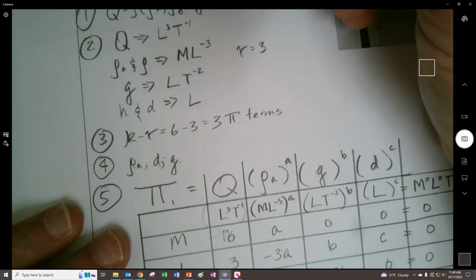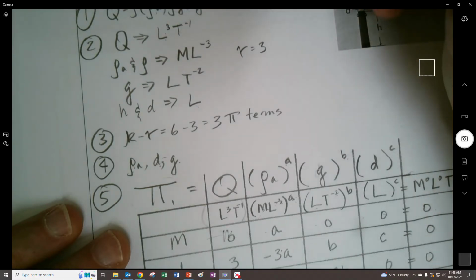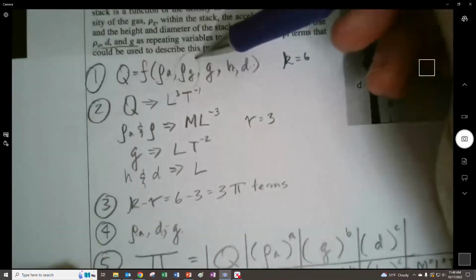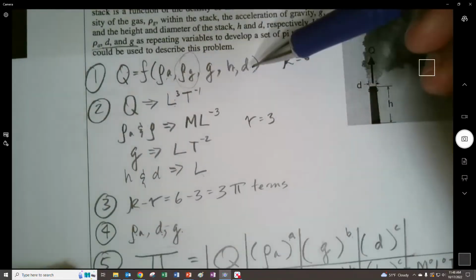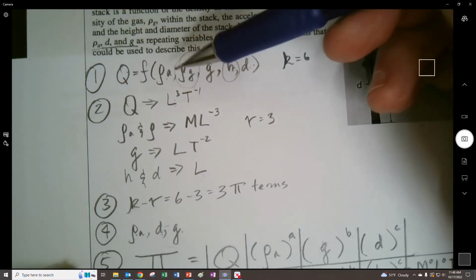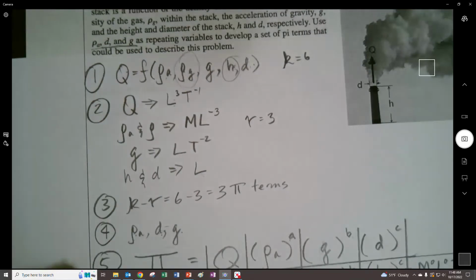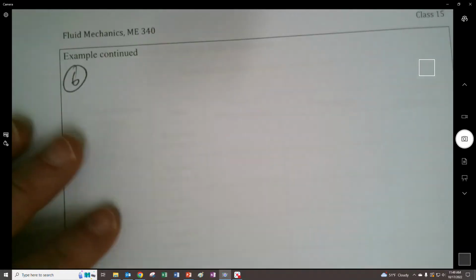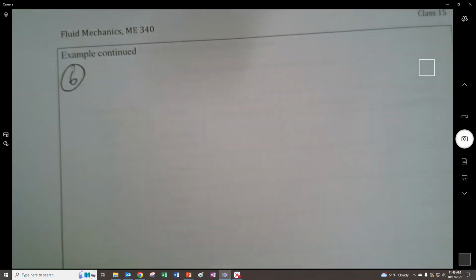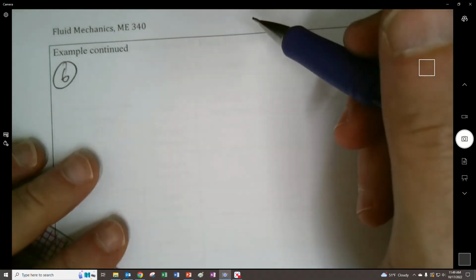We're using that as a repeating variable, and that as a repeating variable, and that. So the non-repeating ones, excuse me. This is a non-repeating, and this is a non-repeating, so we have to do the Buckingham pi for this one and for this one. The truth is, though, these are going to be pretty obvious because we can just take a ratio of these two parameters.